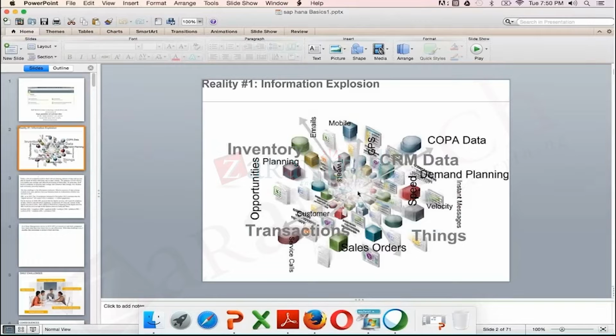So the data is spread across different geographical locations in different formats in different systems. When a company is dealing with this type of situation, it is generally referred to as information explosion.